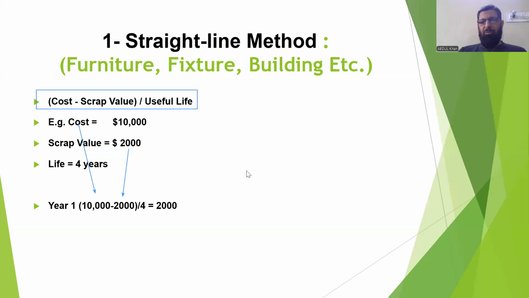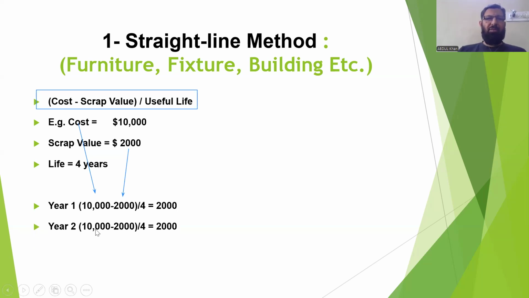If you go to year two, you have to do the same thing. If you don't buy any additional fixed asset, then you calculate the same way. But if you buy some more assets, then you have to add to the cost. Cash will be decreased, cost will be increased, right? In this case, I am assuming that we have only one asset, furniture.